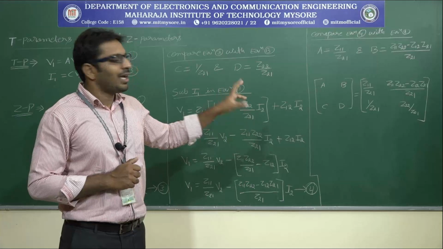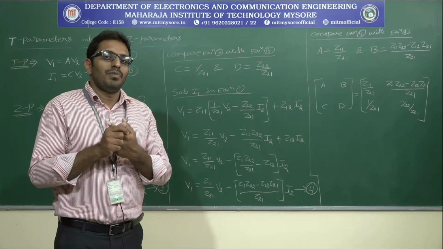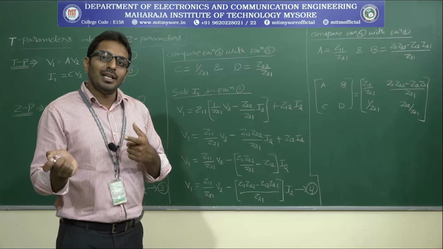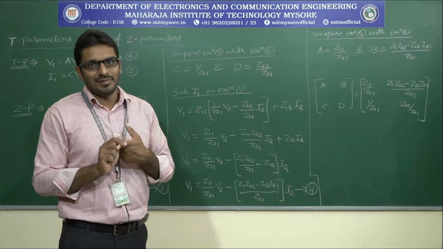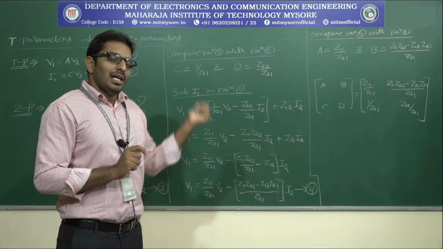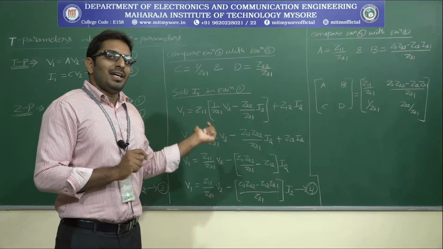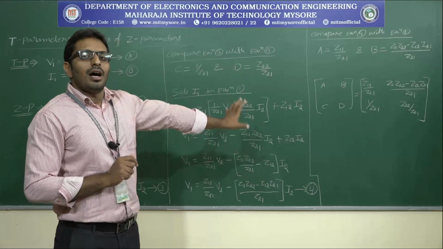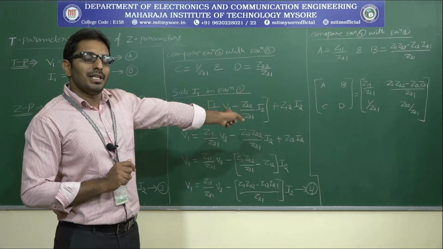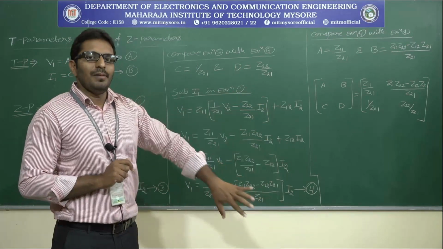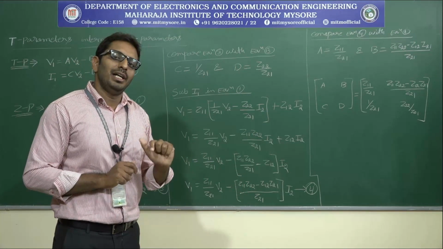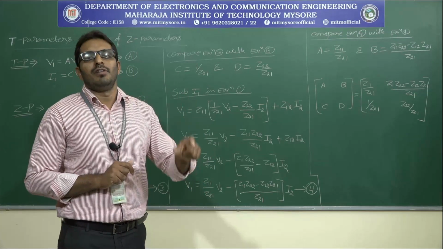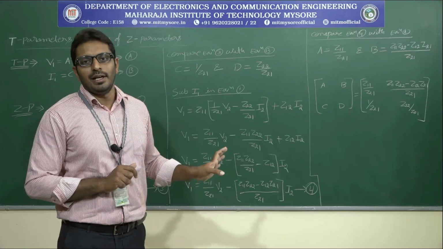Please just try 3 interrelationships. The first one is the previous case, H parameters in terms of Y. Now A, B, C, D parameters in terms of Z we discussed right now. The next one is the A, B, C, D parameters in terms of Y. Finally, A, B, C, D parameters in terms of H parameters. Please try yourself and try to find the interrelationships.